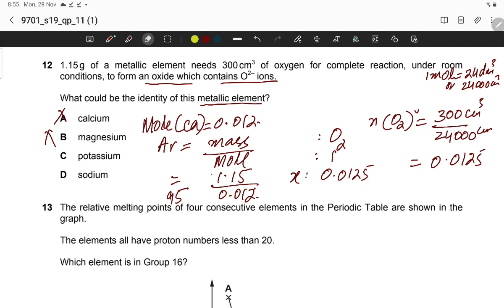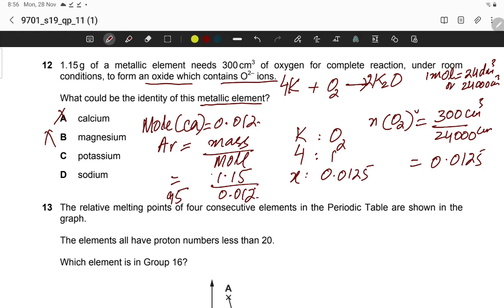Potassium plus oxygen to form K2O, and this is 4K, 4:1. 0.0125 into 4 is equal to 0.05.